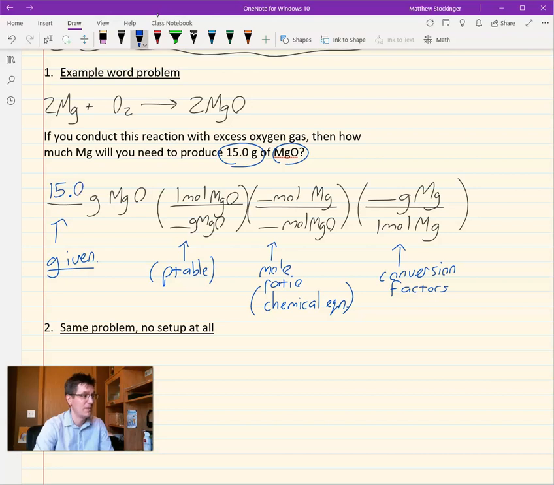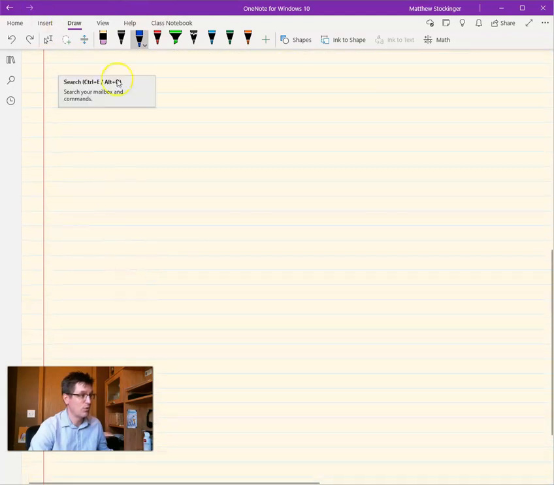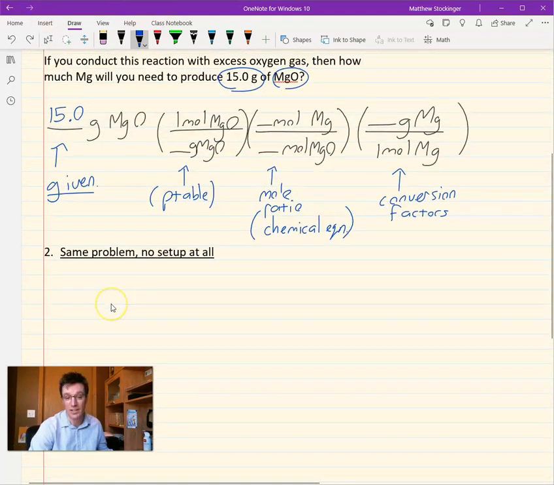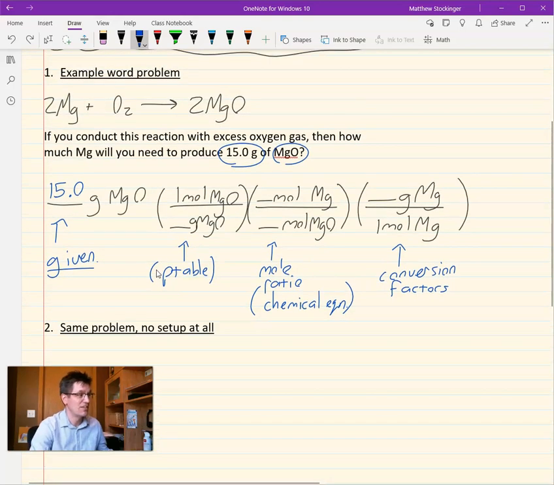In my classes, if you can do this problem with this one extra blank and the word problem, and do it perfectly, you can get a B on this test. The A on the test is going to be the same problem with none of this setup at all, and I'm going to do that next. But only one or two problems on the test are going to be like that, so you can still get up to a B if you can do it like this.